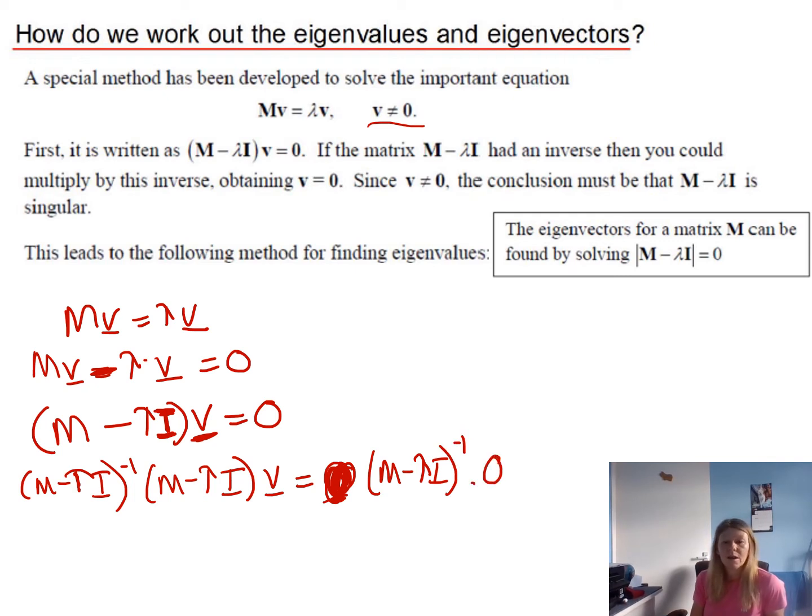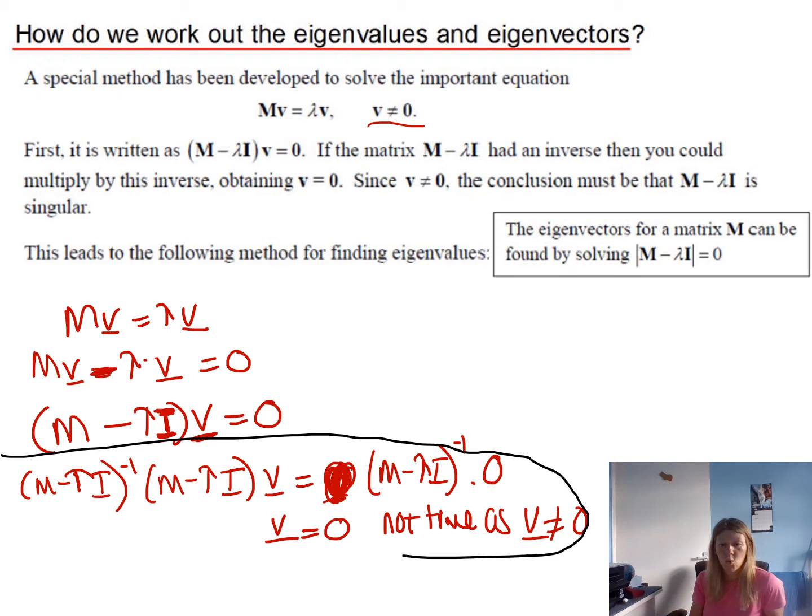Now if you times something by the 0 vector, you get 0, and that would end up with v equaling 0. But that isn't true. As told, v doesn't equal 0. So that can't be happening. So if it can't be happening, it means it can't have an inverse. So the conclusion from this must be that M minus lambda I is singular, has no inverse.